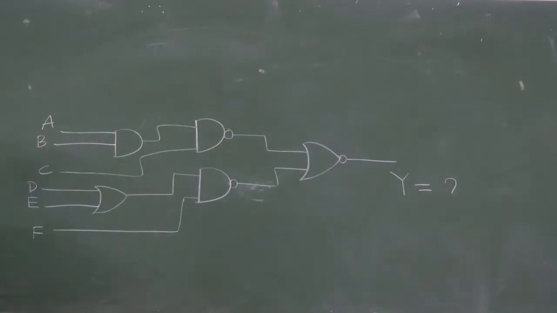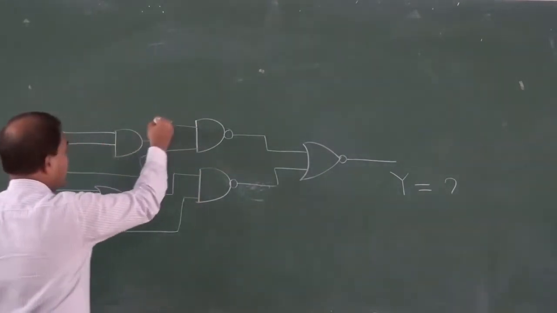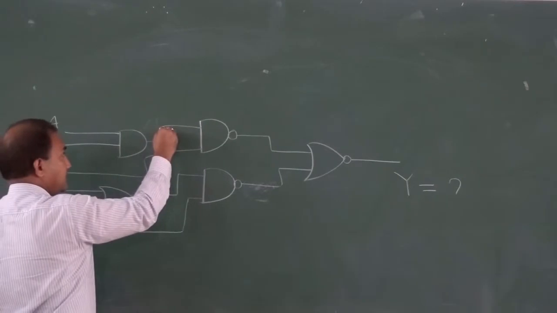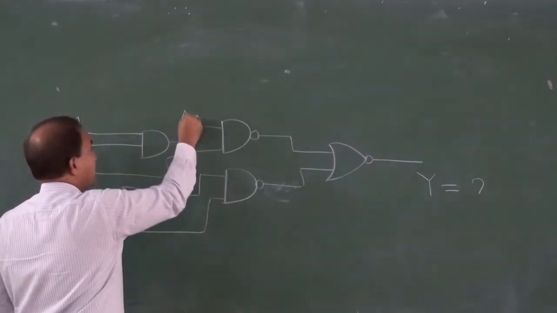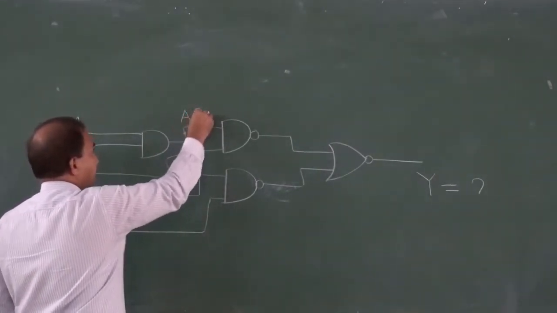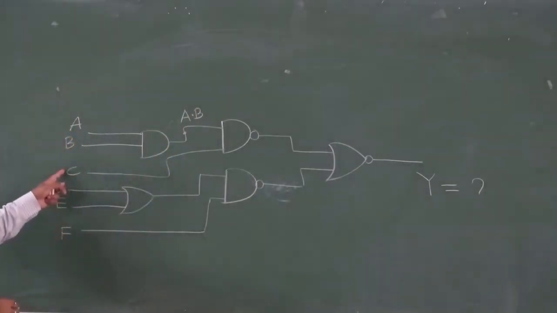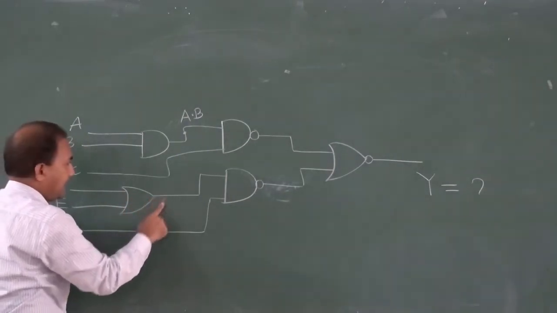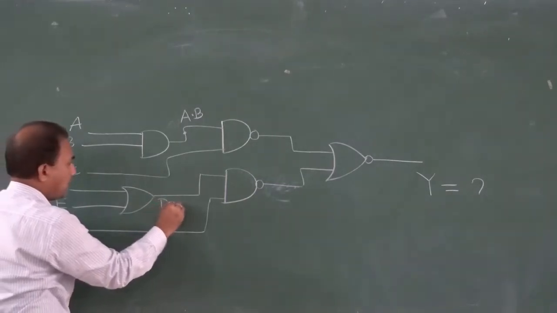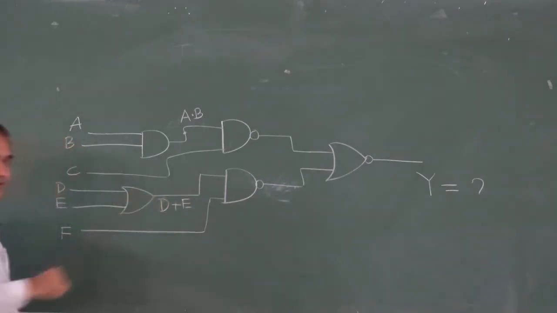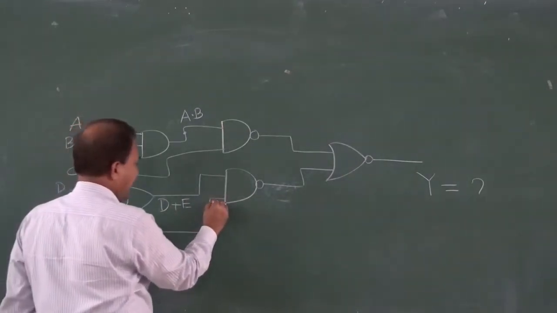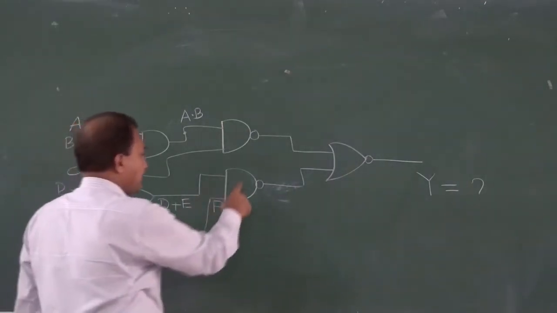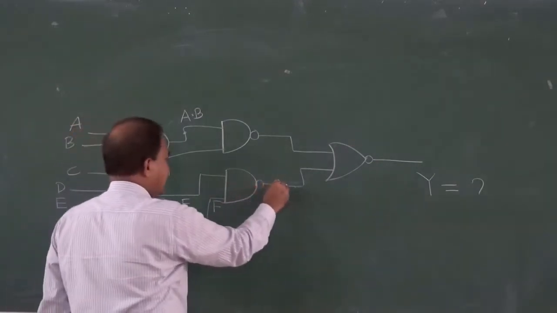Okay, so you can write the output at this gate, it is equal to A and B. Similarly, the output at this OR gate is D or E, that is D plus E. This is the input F. Then what will be the output at this point?